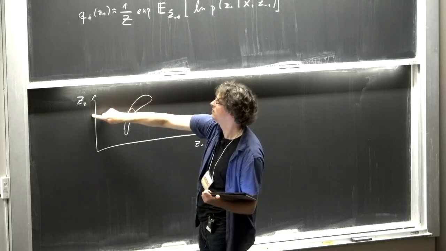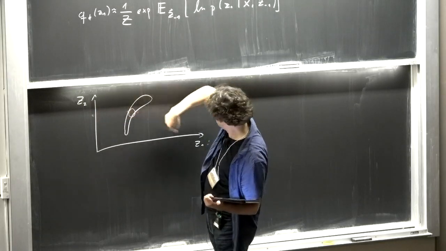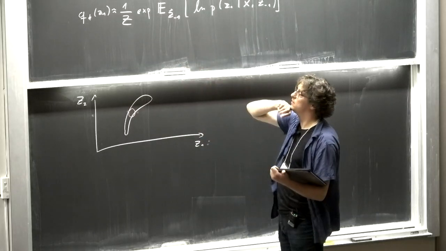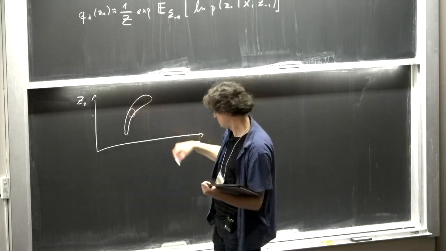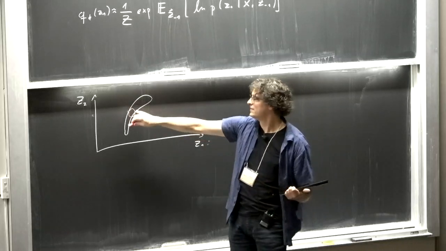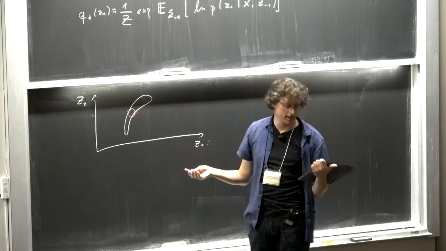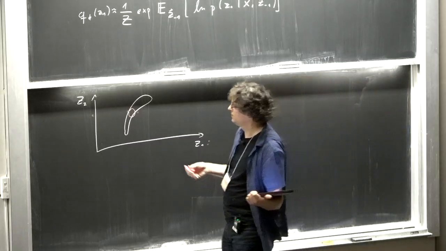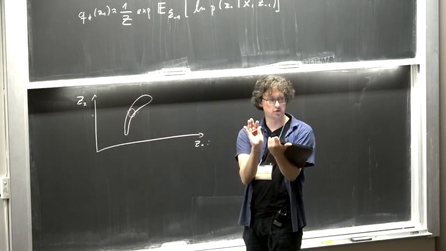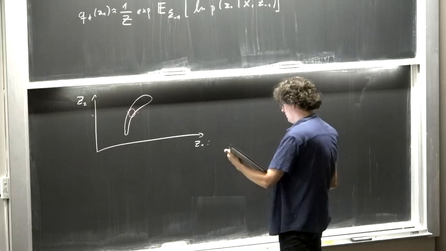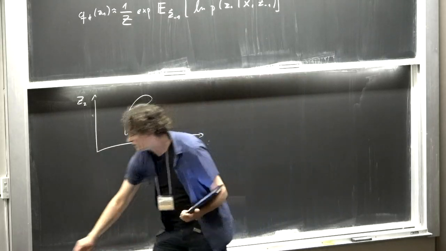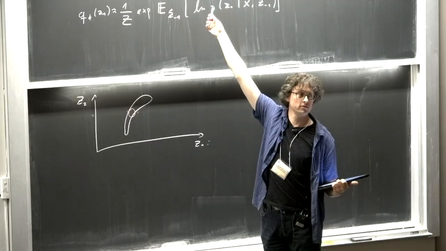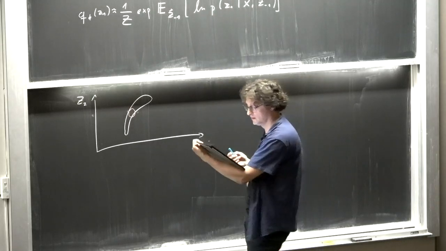Because you pretend you know Z2, then you would also know Z1 within this small range. So in general, with VI, you would end up with a posterior that would be completely underestimating the true posterior. And it looks, again, like it's approximating the truth from the inside out. Whereas with SBI, if you would do this, and it's a circle here or ellipse simply because we factorized it, right? So that's the reason why I draw it circular.